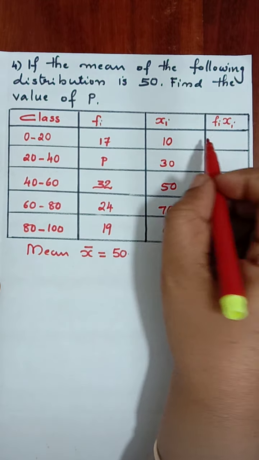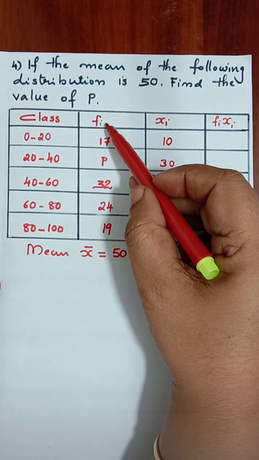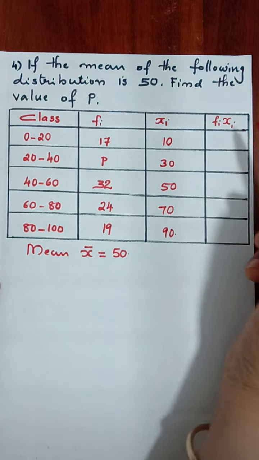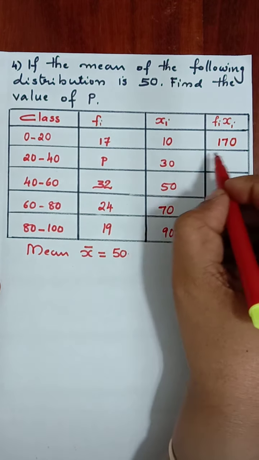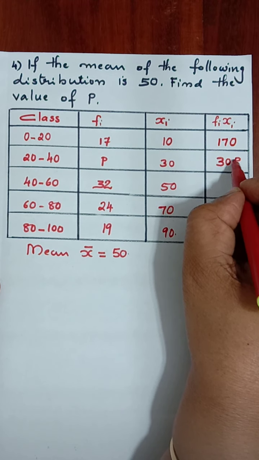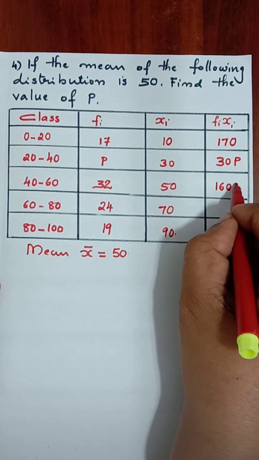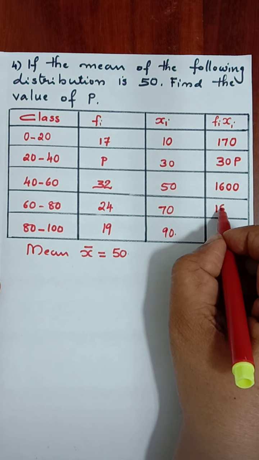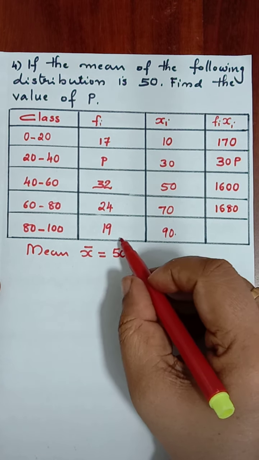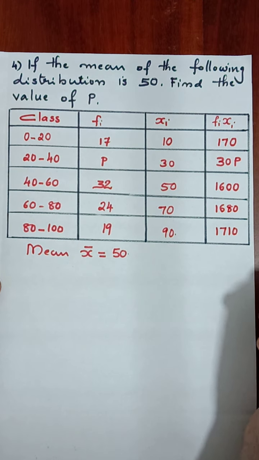So fi into xi: 17 into 10, 170; P into 30, 30P; 32 into 50, that is 1600; 24 into 70, 1680; 19 into 90, 1710.